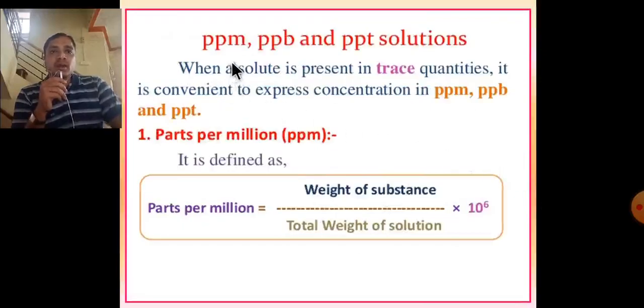Next terms: parts per million, parts per billion and parts per trillion. When solute is present in trace quantities, it is convenient to express concentration in ppm, ppb and ppt. First term is parts per million, ppm. It is defined as weight of substance divided by total weight of solution into 10 raised to 6.